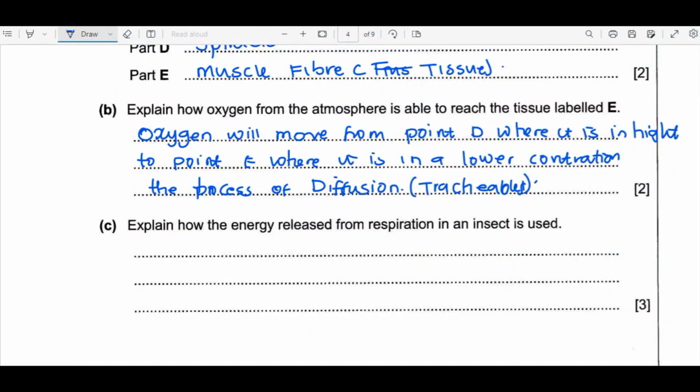Explain how the energy released from the respiration in an insect is used. So we know that the insect does a certain work, and for the work to be done we need to have energy.